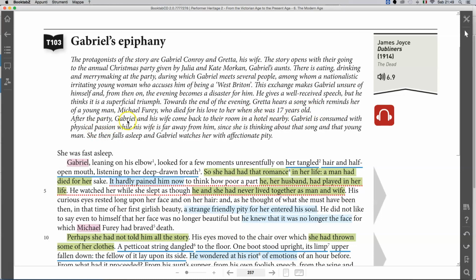After the party, Gabriel and his wife come back to their room in a hotel nearby, and after consuming their physical passion, Gabriel had noticed that his wife was very far away from him, because she was thinking about that song that reminded her of that young man.